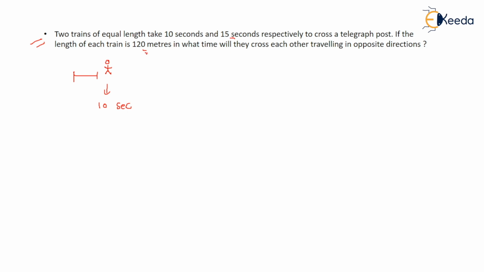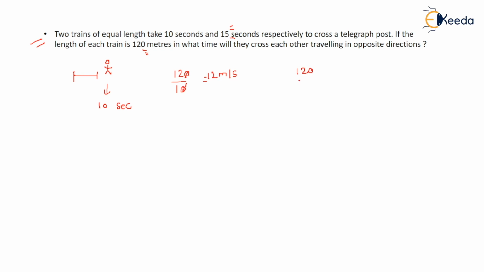But now here you have the length, so you know that the 120-meter train takes 10 seconds to cross this person. You know the length of the train, you know the time, so you will get the speed. The speed will be 12 meter per second for the first train. Similarly you can find it for the second train, that is 15 seconds.